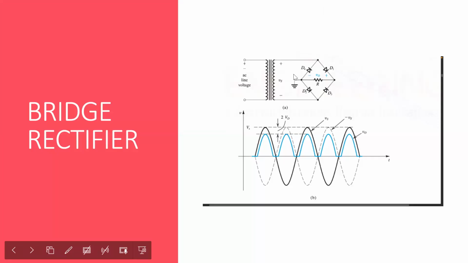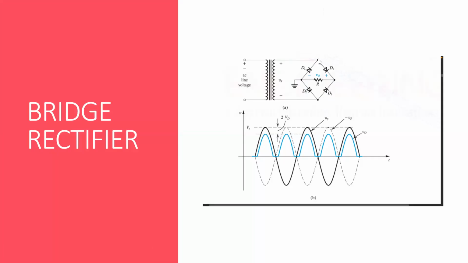Here we can see this is a kind of Wheatstone bridge. When the top line is positively charged and the bottom has negative potential, then we can see that D4 will be reverse biased because the middle point is grounded.